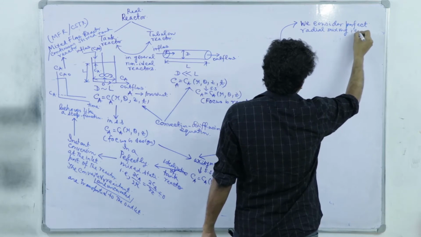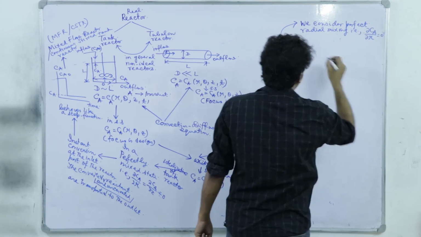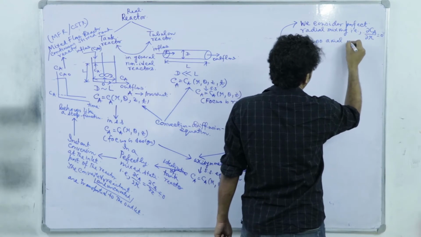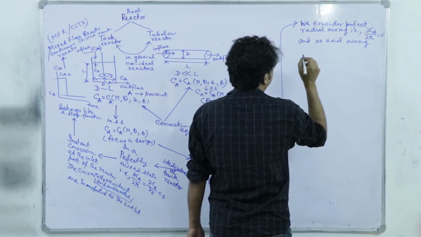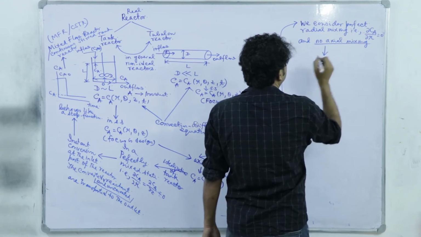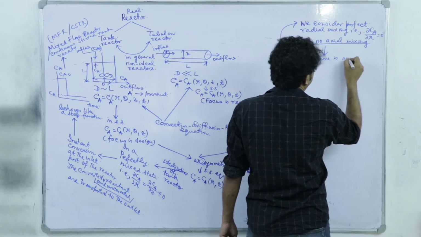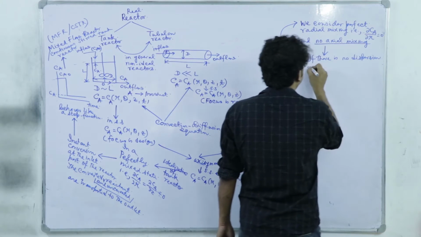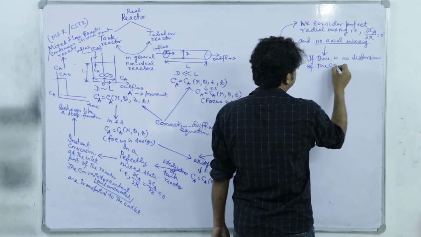Right. That is del Ca by del R equal to 0 and no axial mixing. Right? No axial mixing. So, this no axial mixing is only possible if there is no dispersion of the concentration front.